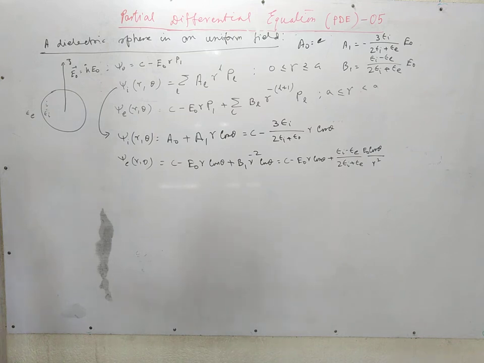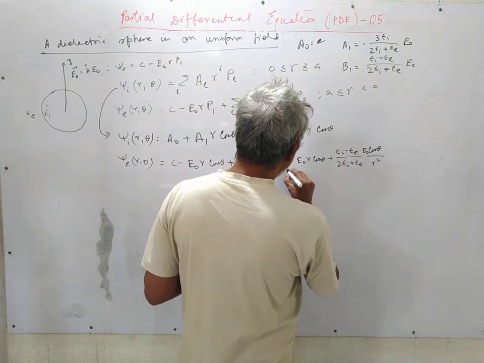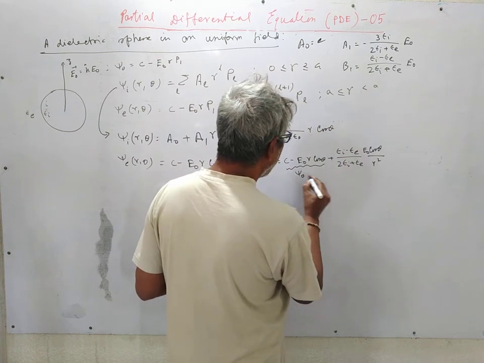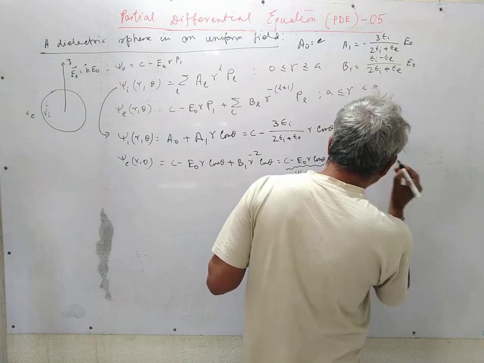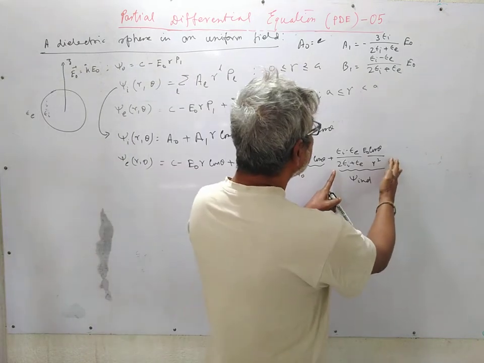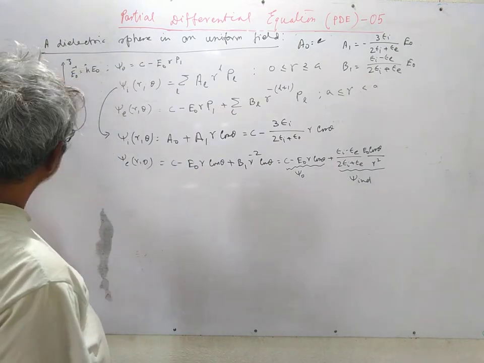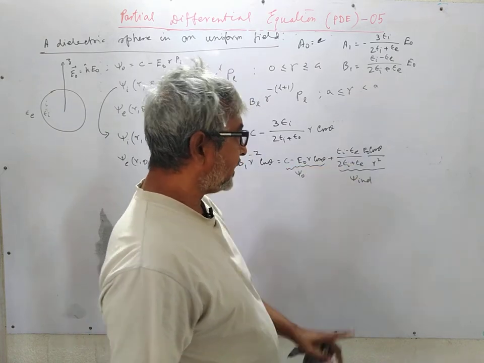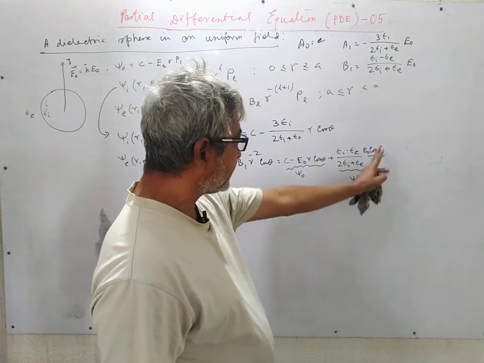Two things are of interest. If we consider this is the potential due to the external field, so the phi 0, and this part is the induced potential, the potential due to the induced pair. Obviously this is a dipole potential. So as far as an external point is concerned, the induction effect can be taken care of by this dipole term, and we can define the dipole moment and the polarization vector from this.